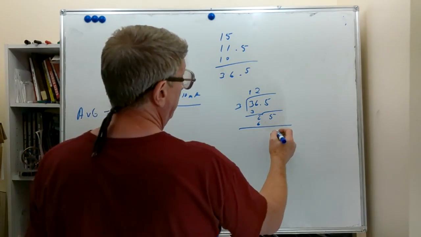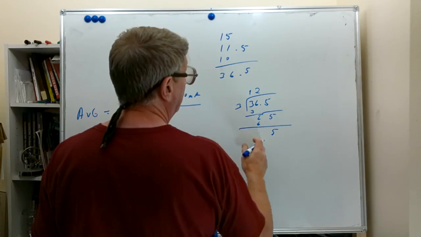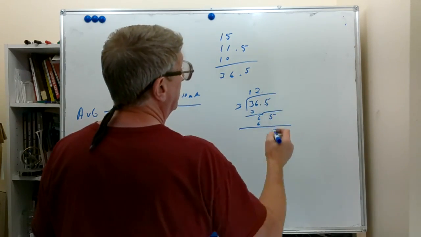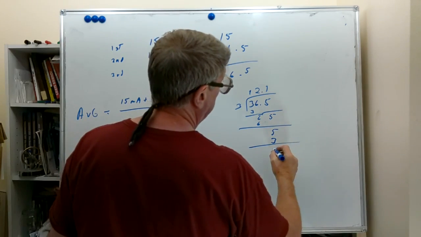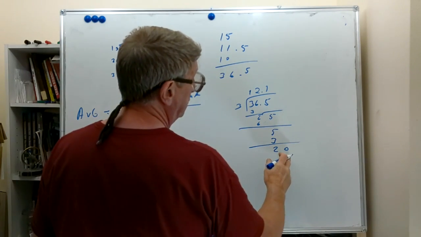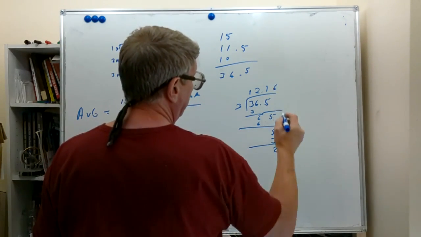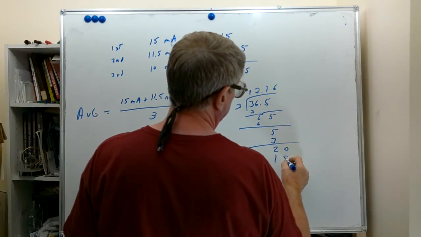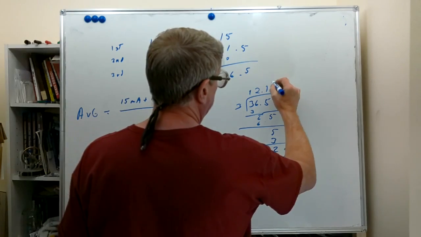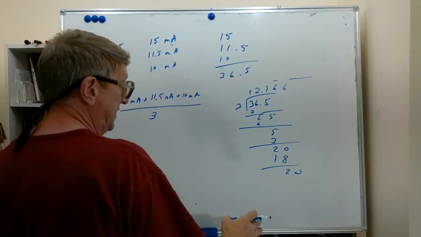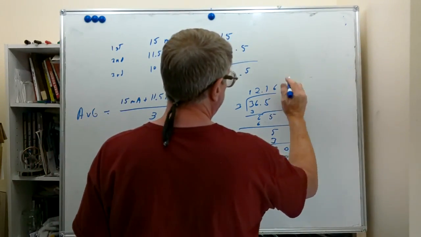We have the 5. 3 into 5, carry up the decimal point, is 1. Subtract the 3. We got 2. 3 into 20 gives the 6. So now we're going to get this 6 repeating. We're going to keep getting the 6s all the way because it's repeated once.